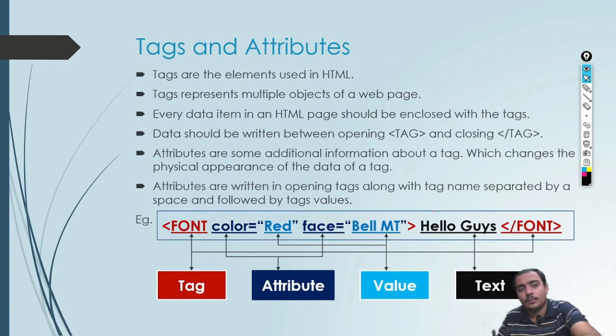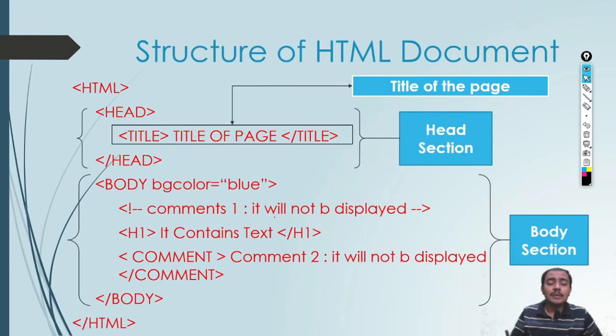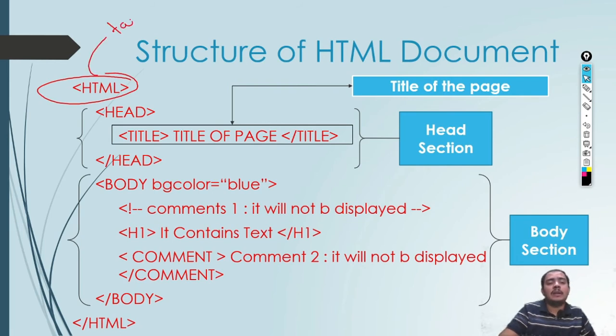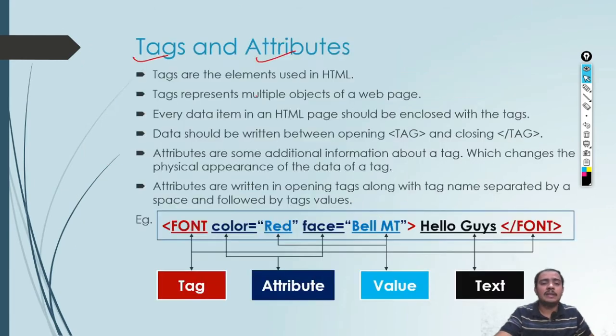Well, now next we have to discuss what tags and attributes are in HTML. As of now we have created a very short program where I have shown you multiple things. In these programs, whatever we write inside these angular brackets is termed as tags or elements.